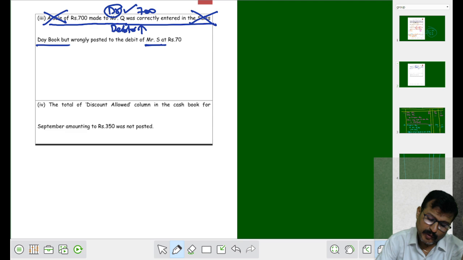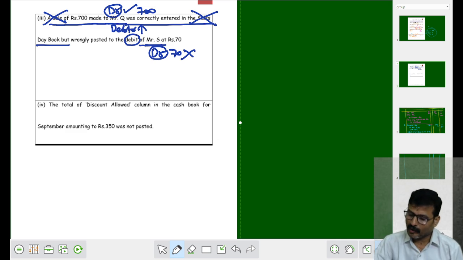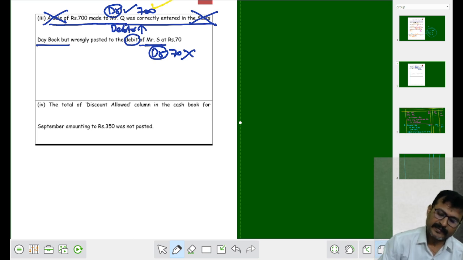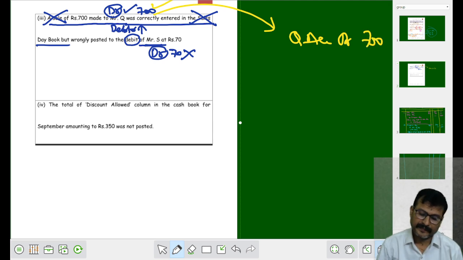But wrongly posted to the debit of Mr. S. So Mr. S को आपने wrong debit किए with an amount of rupees 70. Now what is your rectified entry? Keep the correct in the same place. When you keep the same correct in the same place, Q's account debit 700.